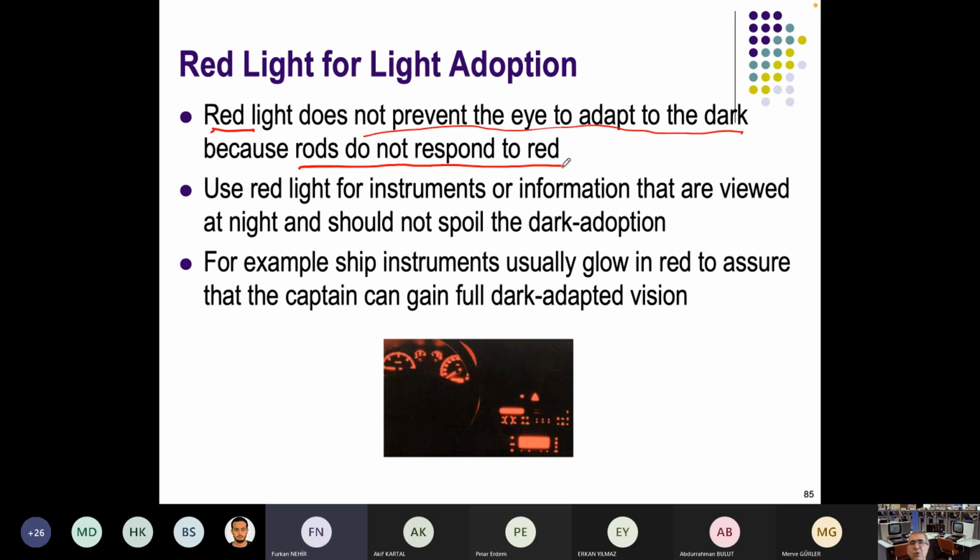Therefore, if you don't want to disturb night vision and darkness, but still want to give some light, use red, because when you use red light, rods are not stimulated.